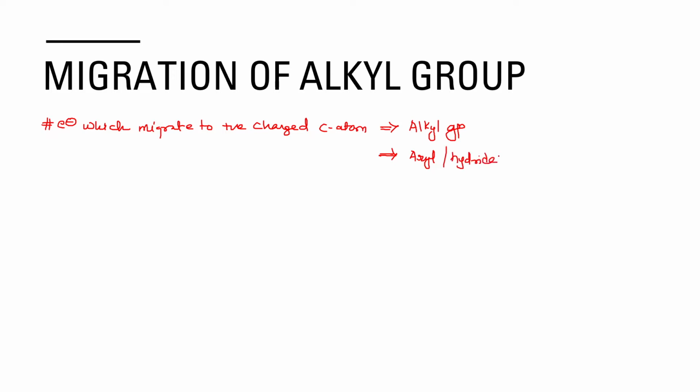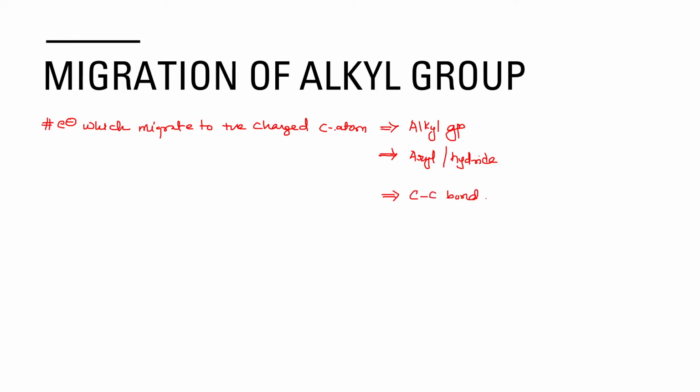So electrons which migrate to positively charged carbon can be obtained from 3 locations. एक तो alkyl ग्रुप से मिल जाए आपको, एक आपको यहां से भी मिल सकता है, एराइल ग्रुप से मिल सकता है, या फिर हाइड्राइड से मिल सकता है. एक और मिलता है which we just saw, which is from the C-C bond.